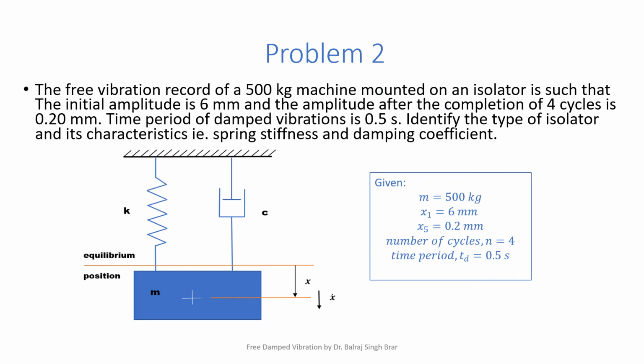Moving on to the second problem. Again, in a spring mass damper system, free vibration record of a 500 kg machine mounted on an isolator.